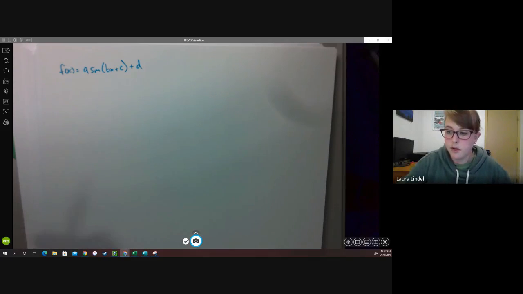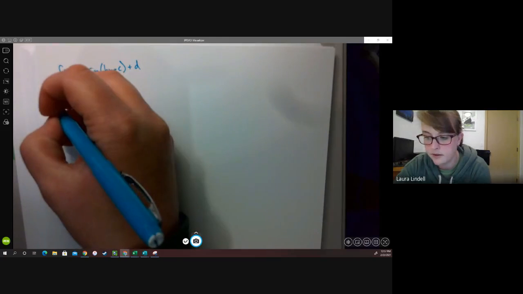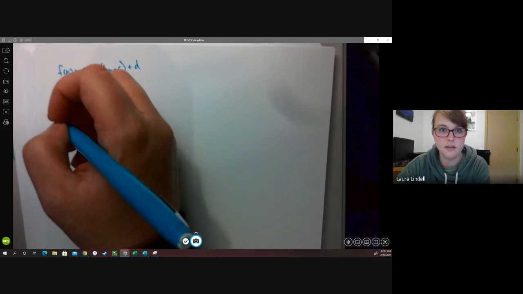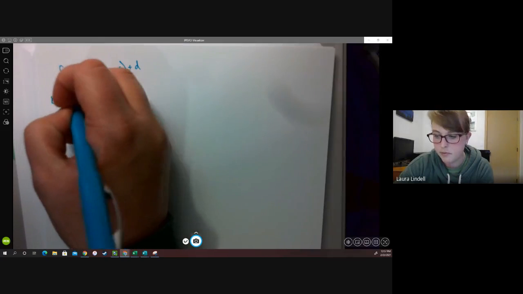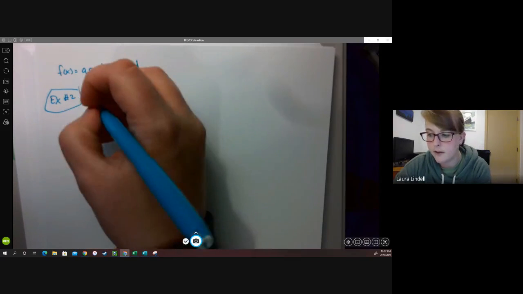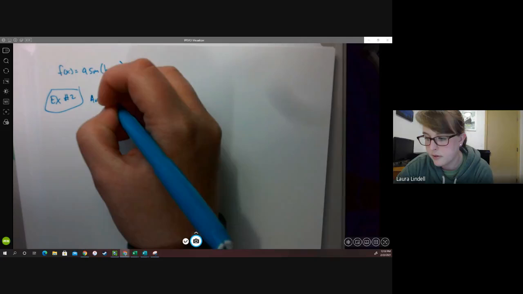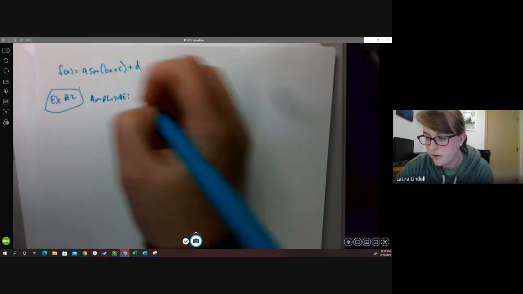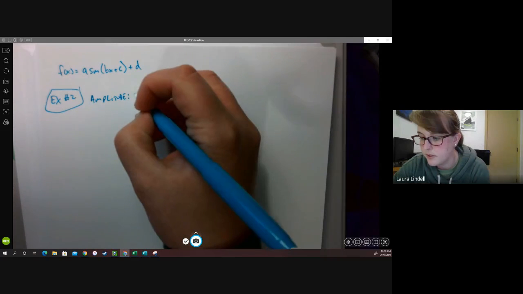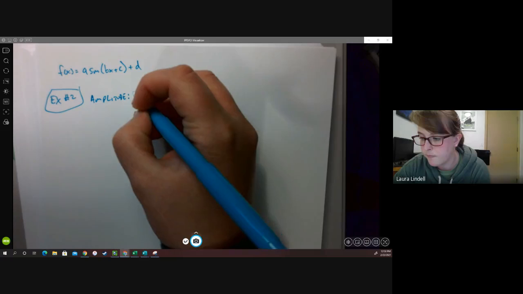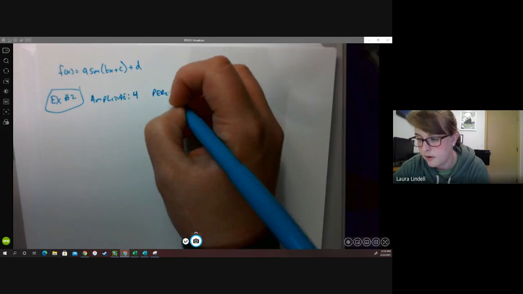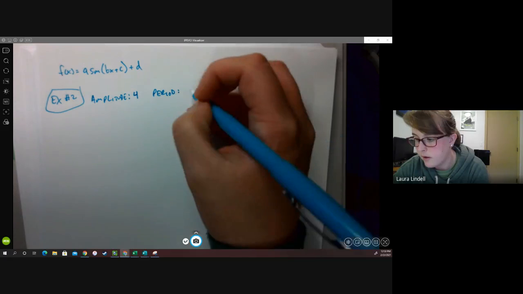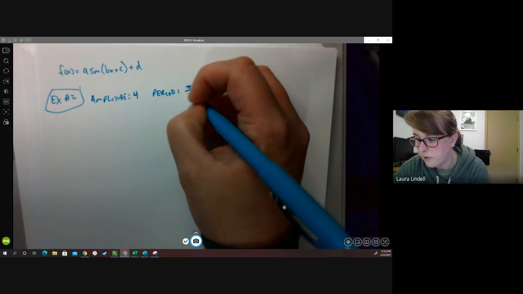Okay. So we're going to see things like, and these are easiest taught with an example. So, second example for today, we're going to be given amplitude. We'll say the amplitude is 4. Period is pi over 2.